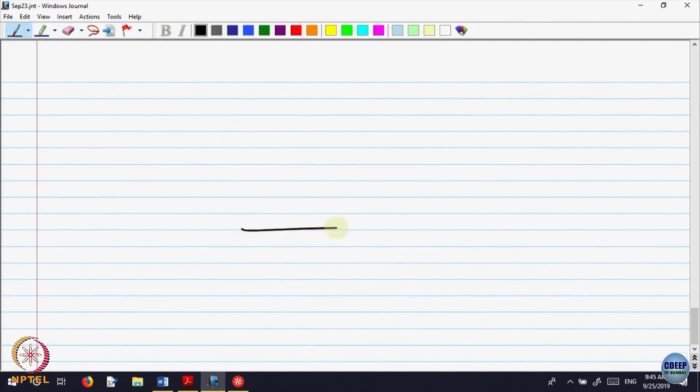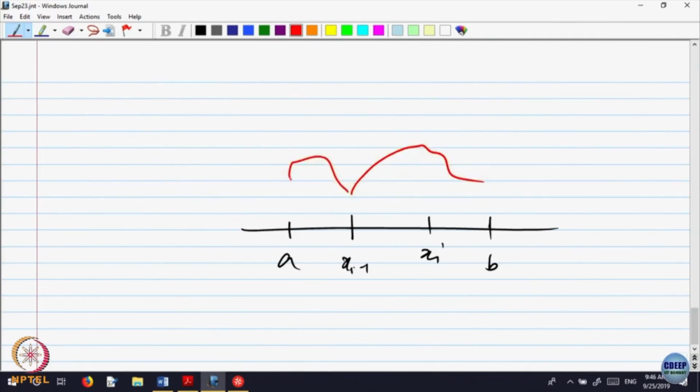So this is A and this is B, and let us look at xi minus 1 and xi, and let us look at the graph. Okay, so in between I have drawn it nicely to indicate. So this is my function f of x.